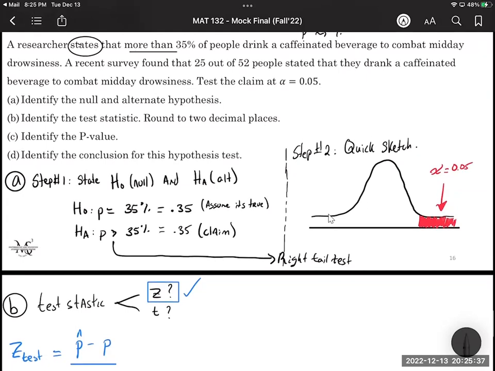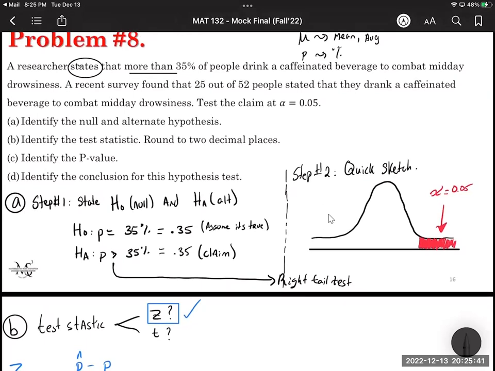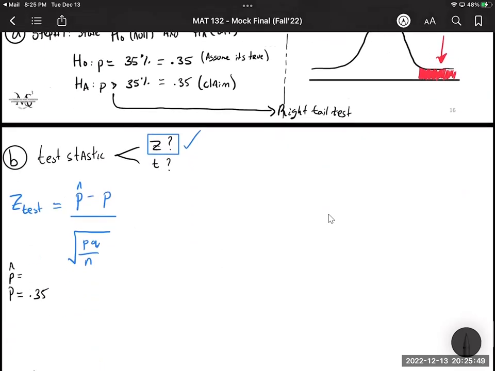So what do you think will be the value of x when you reread problem 8? 25. And Edwin, what's going to be n? 52. So you got 25 over 52. If needed, you round that to 3 decimal places. What do you get?